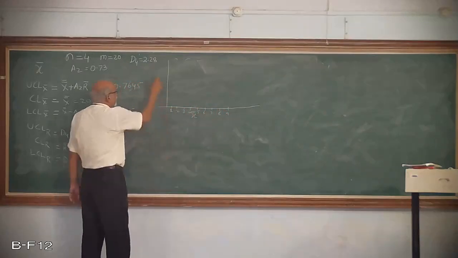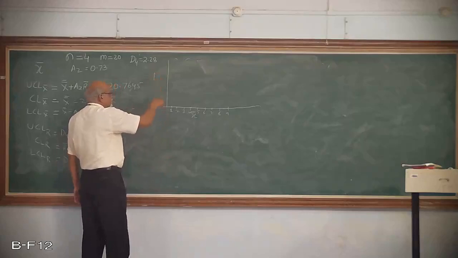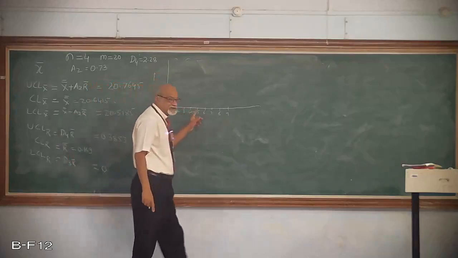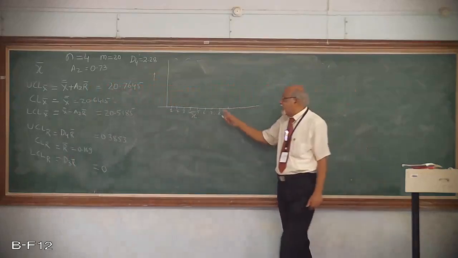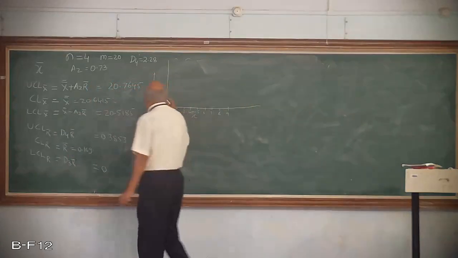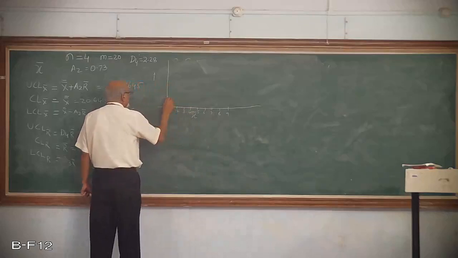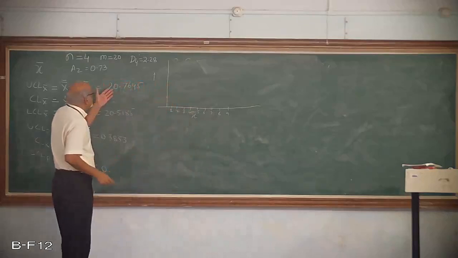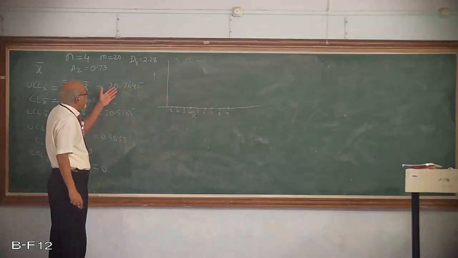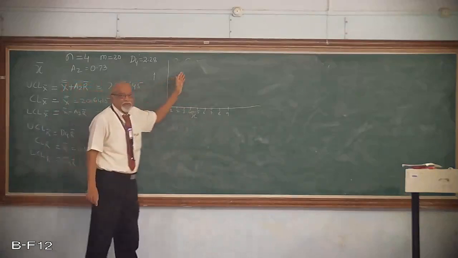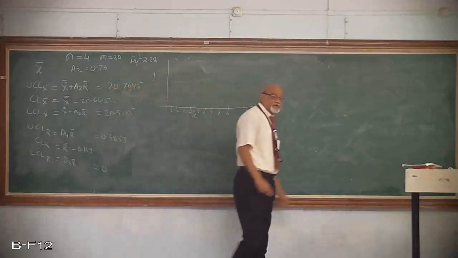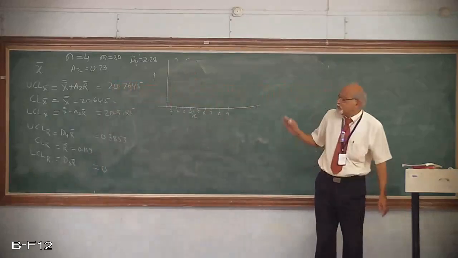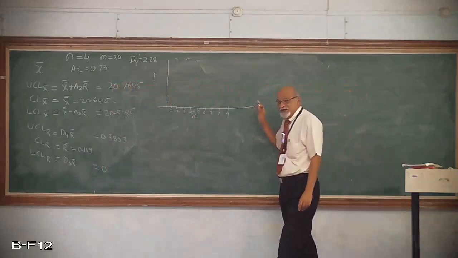And along the y-axis, since it is X bar chart, for each sample I am going to mention its values. So it might be 20, 19.5, 20.1, 20.3, like that. It is going to come up like this. Maybe the next example will make it clearer. I am just trying to give you some idea about that.